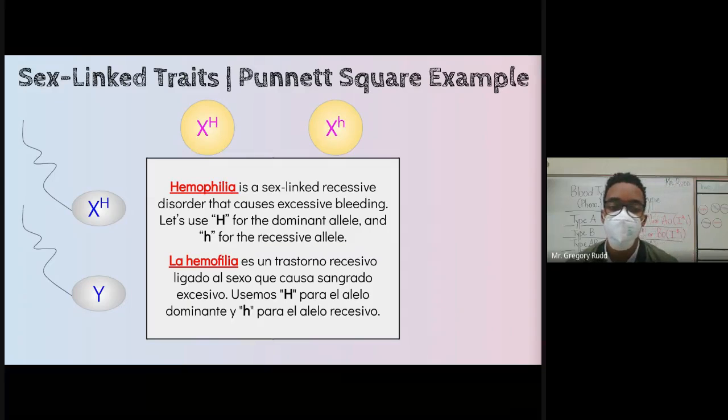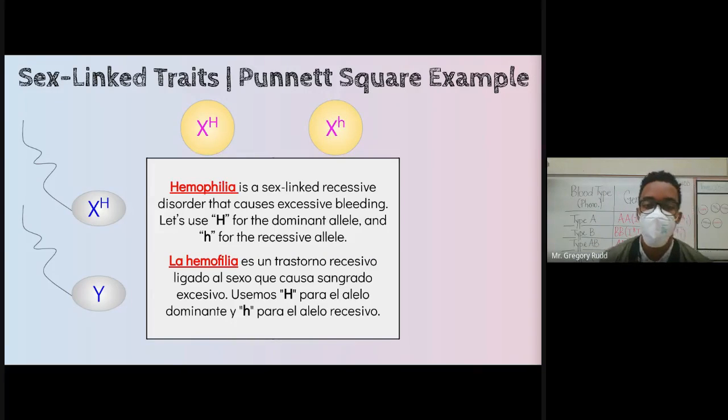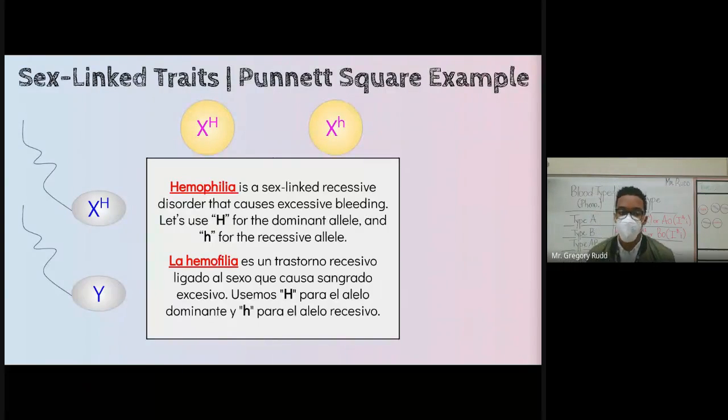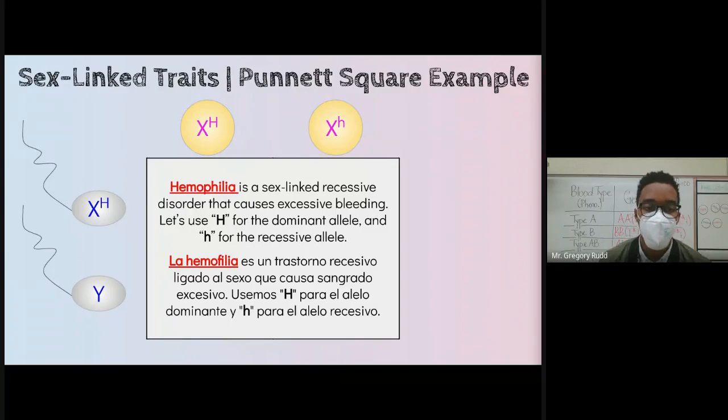So it says hemophilia is a sex-linked recessive disorder that causes excessive bleeding. Let's use capital H for the dominant allele, and lowercase h for the recessive allele. With that information, I tried to get kind of artsy, and on the outside of this square we can see two things.